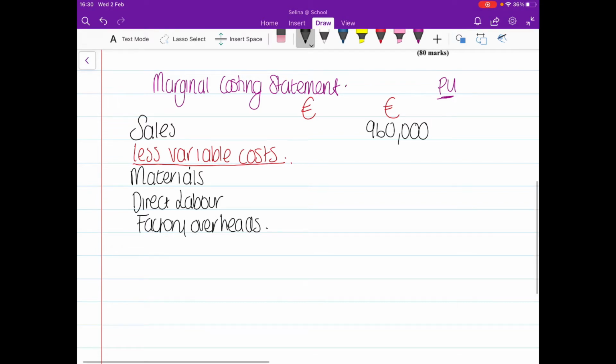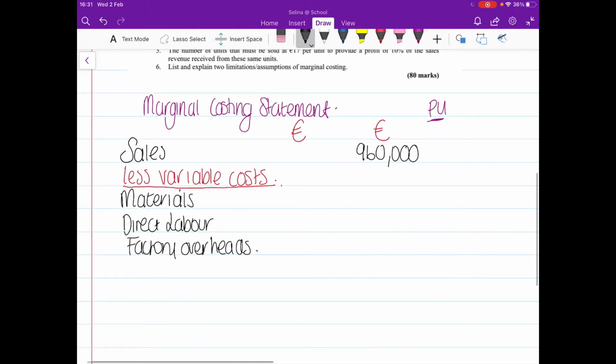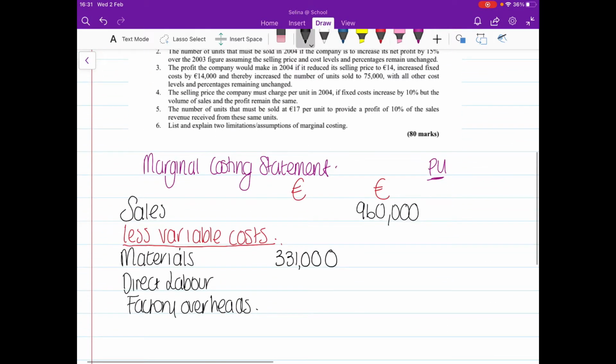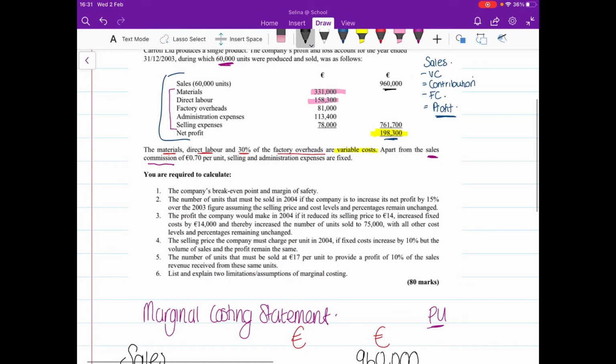All of the materials are variable costs, so that's the 331,000 euro. Your direct labour is all variable, so that's the 158,300. And what does it say about the factory overheads?